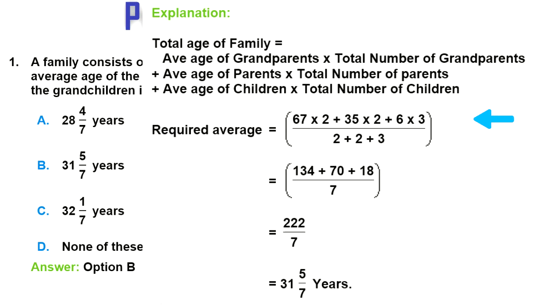Now expressing that in numbers, we'll get 67 into 2, 35 into 2 plus 6 into 3. So average age is 67 into 2 plus 35 into 2 plus 6 into 3 divided by 2 plus 2 plus 3. That is equal to the total age of the family by total number of family members. So by solving this equation, we are getting 31 5 by 7 years.